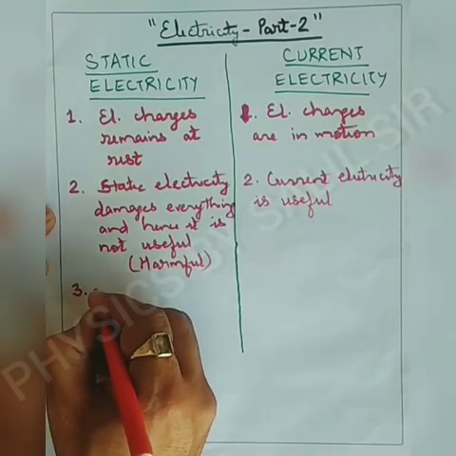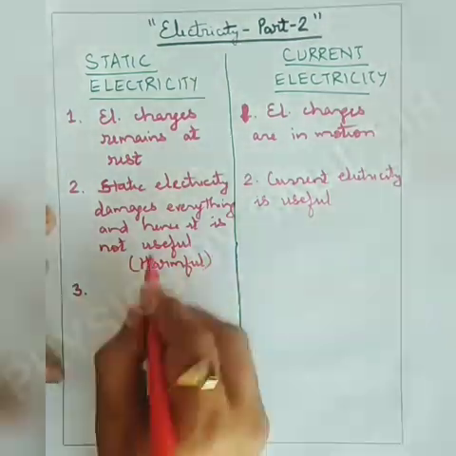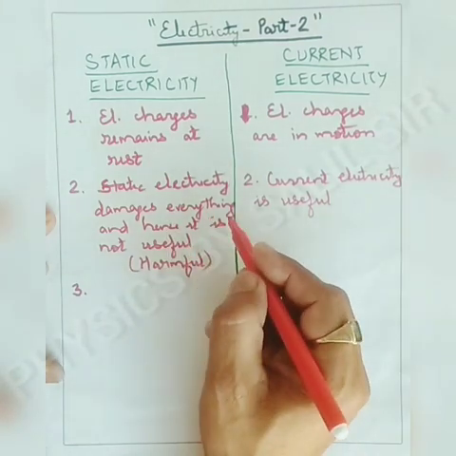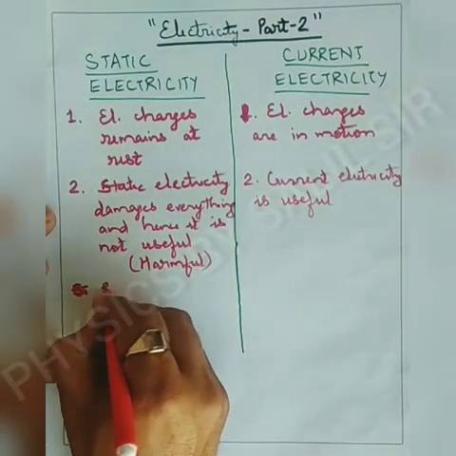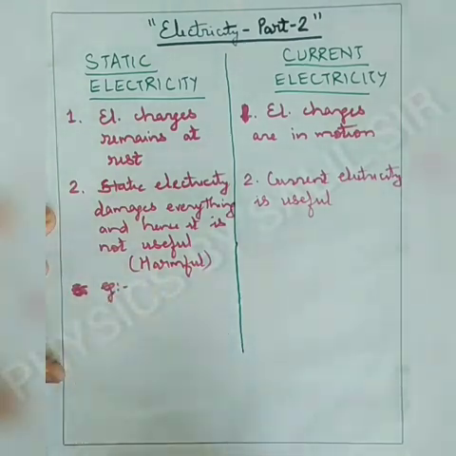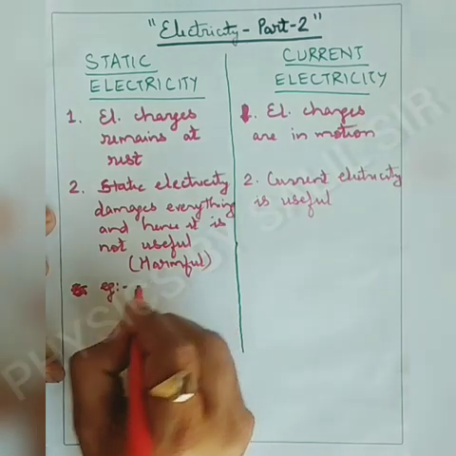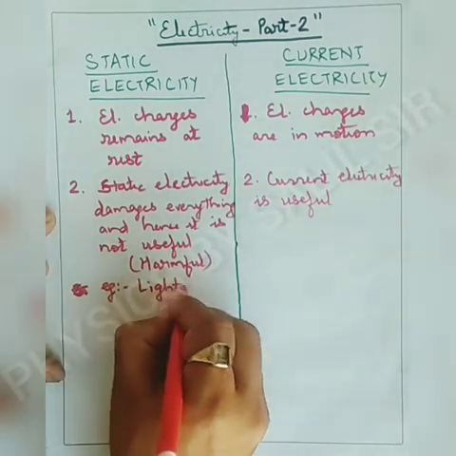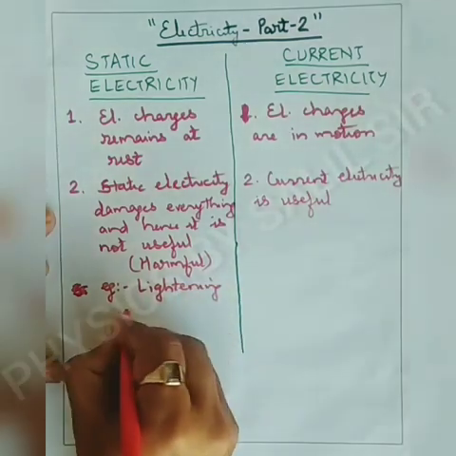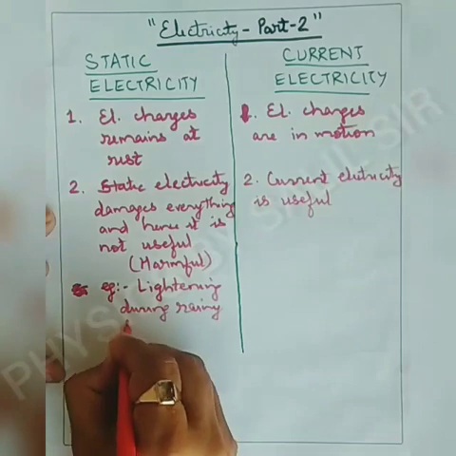Before explaining the third difference, first we should take an example of static electricity. The example is lightning during a rainy season.